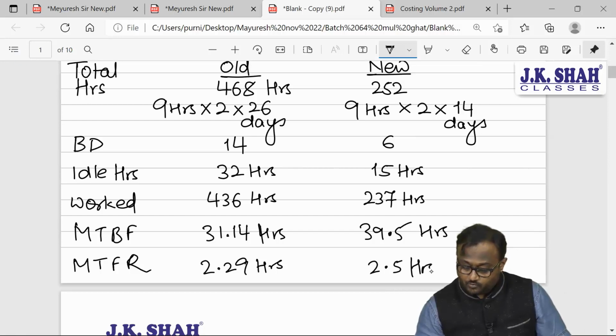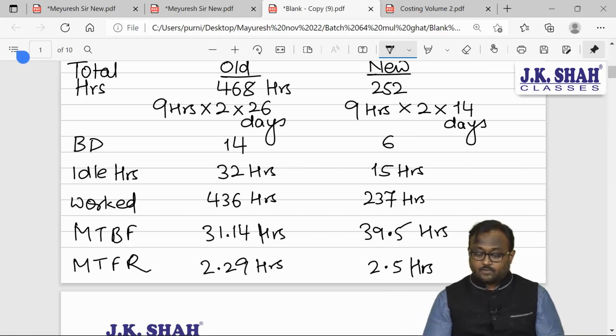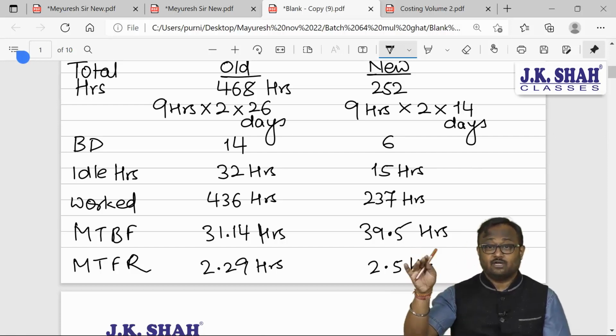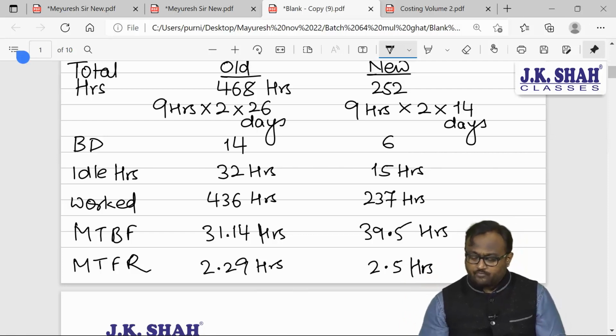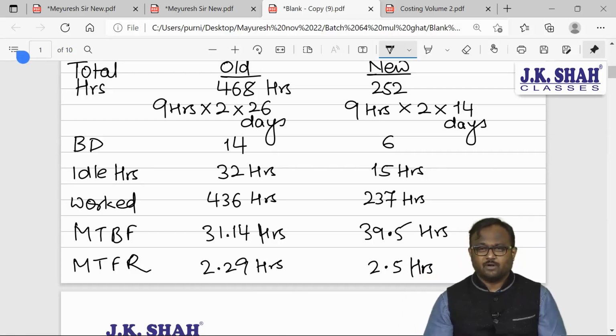So repair time was more as per the new case, but mean time between failure is also high. So after 39.5 hours there is a breakdown, so it's good. You took more time because it is preventive maintenance with a different staff, with a different combination, that's fine.